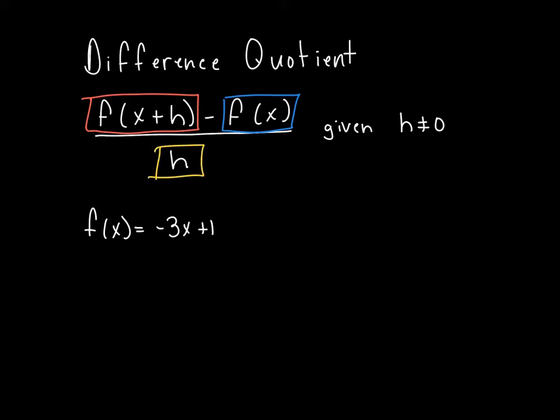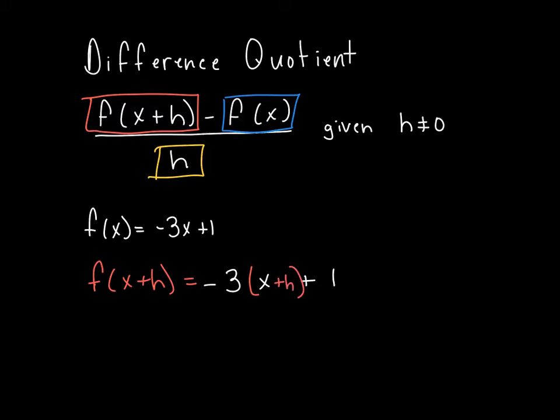So to start with, we're going to do these three separate parts before I put it together. So f of x plus h. What this says to do is take my original function, negative 3x plus 1, and wherever I have that x, replace it with x plus h.